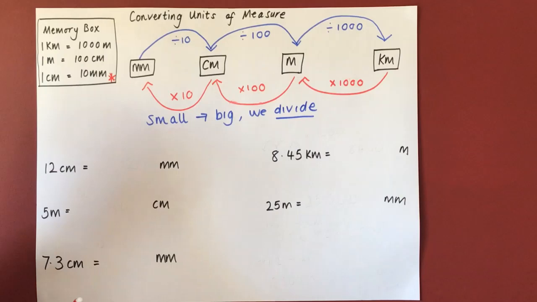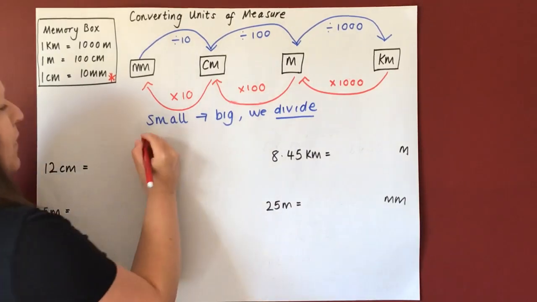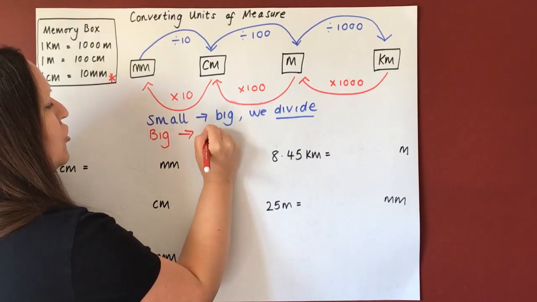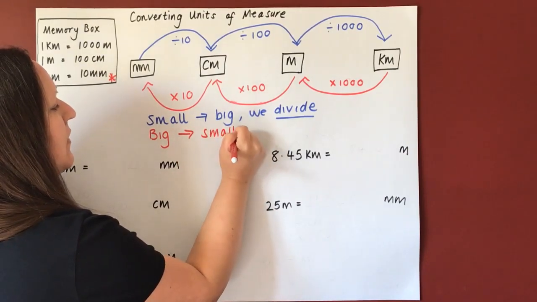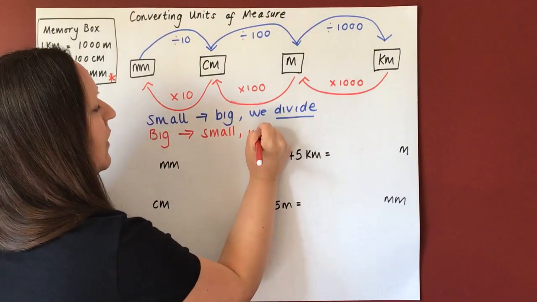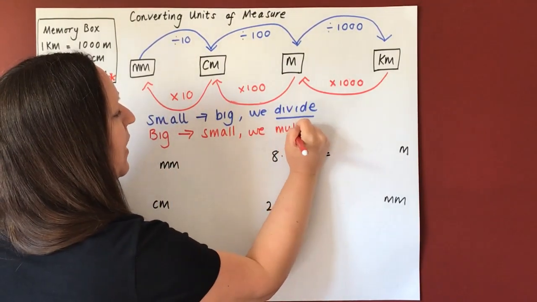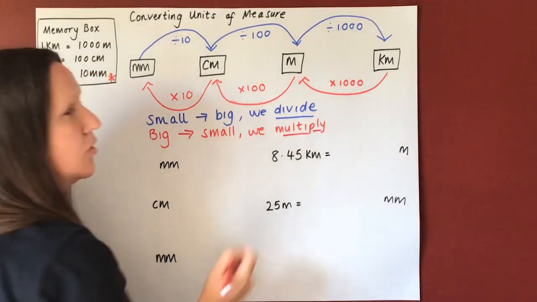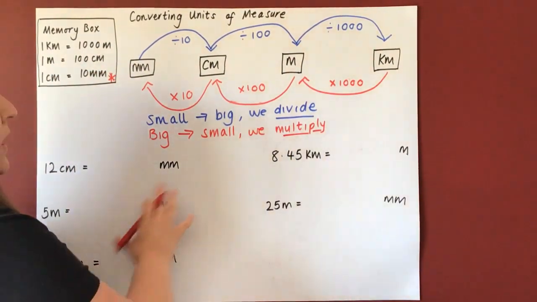When we are going from bigger units to smaller units, we multiply. So as long as we have that process and that model, we now are able to work with these conversions below.